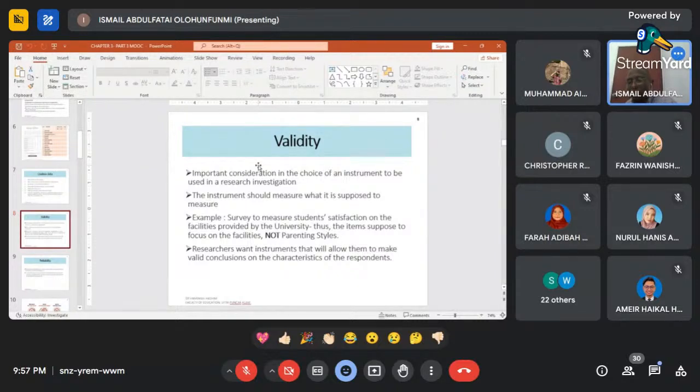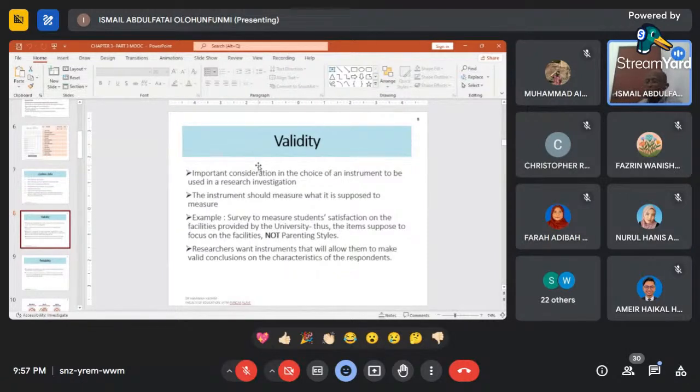The questionnaire hits the target. Target is your focus. That is validity, meaning that your research measures what it is supposed to measure.